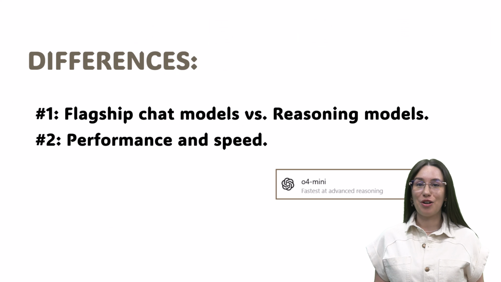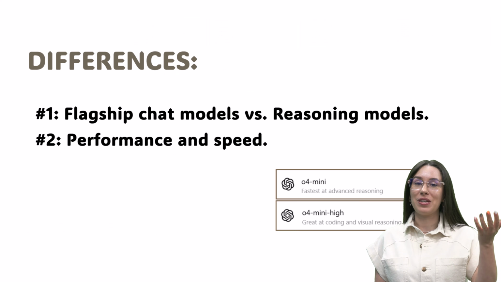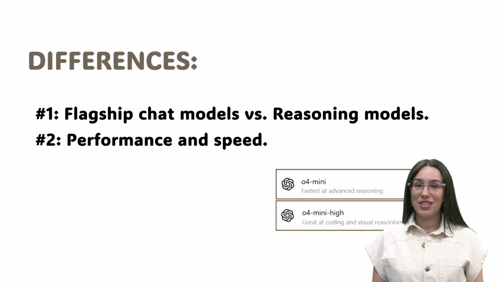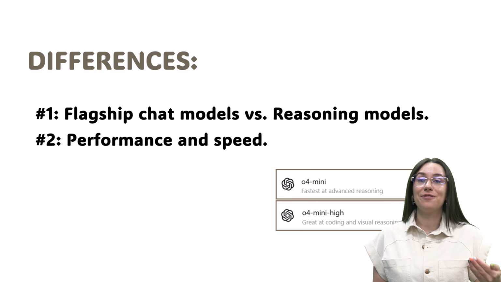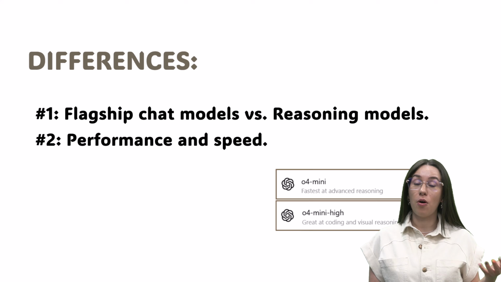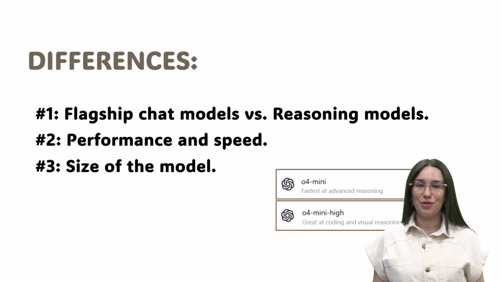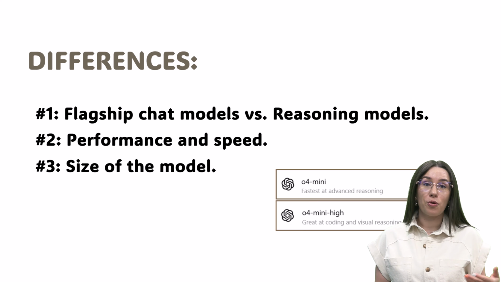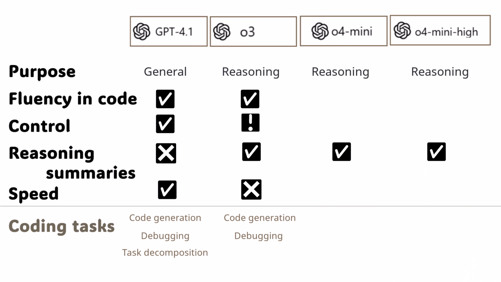Let's now discuss the O4 Mini and O4 Mini High. These models are optimized variants of the O4 model. OpenAI uses the term mini to describe smaller, more efficient models designed to provide faster response.